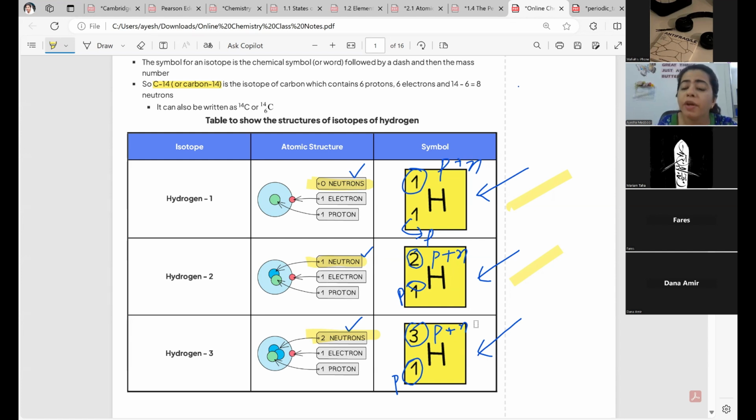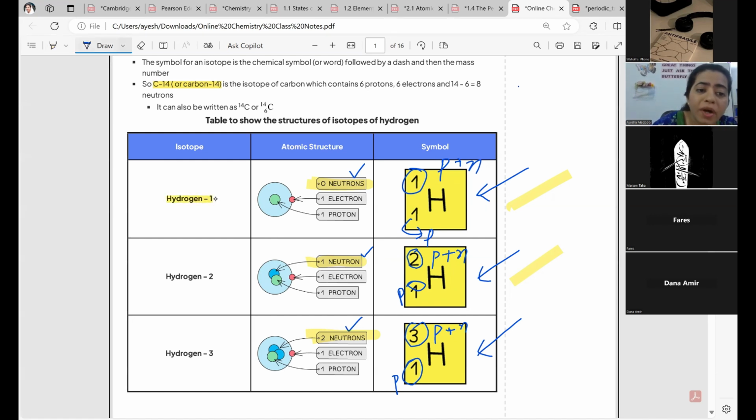Now how are we going to write the names? We will not say all these 3 are just hydrogen, because they are different from each other. So we will say the first one is hydrogen-1. What is this 1? This number is basically the mass number. It is not negative 1, it is hydrogen hyphen 1.